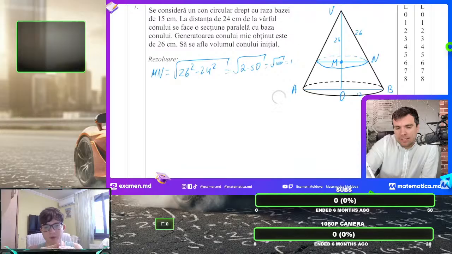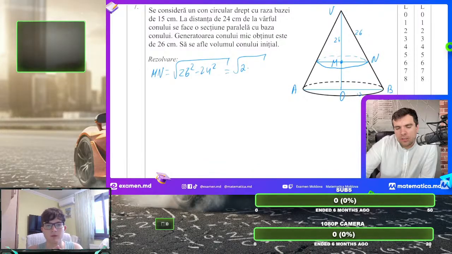And let's think about this. Basically, there's this cone, and the base has the OB 15, so essentially AO is also 15 because they're the same length, and there's a parallel section 24 centimeters away from the point at the very top, and basically the line VB right here on the drawing is 26.